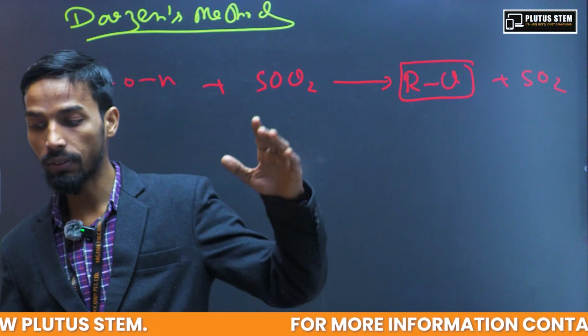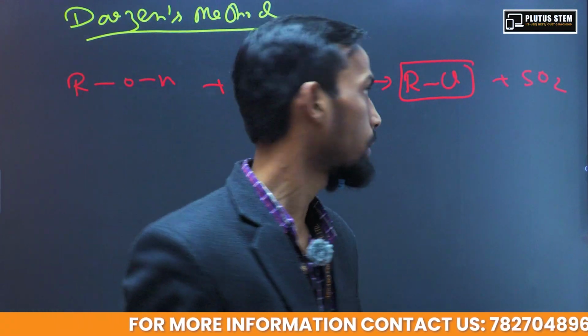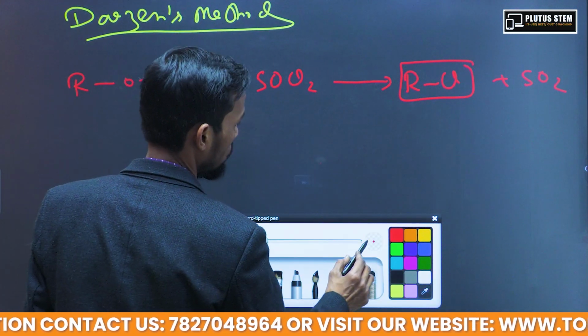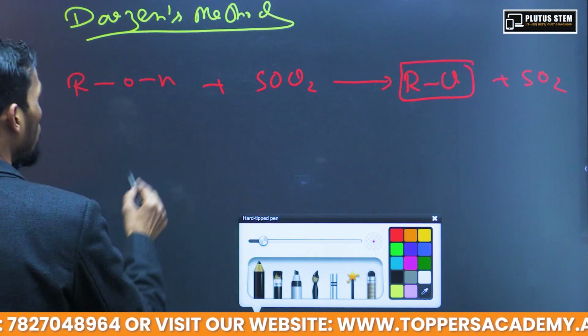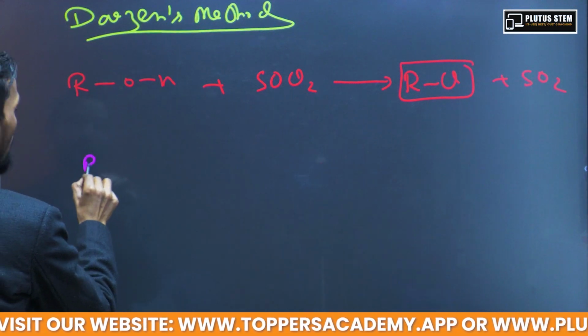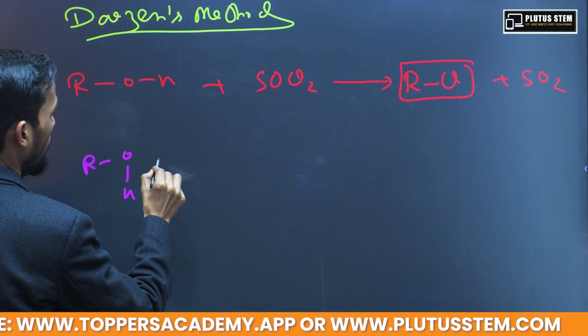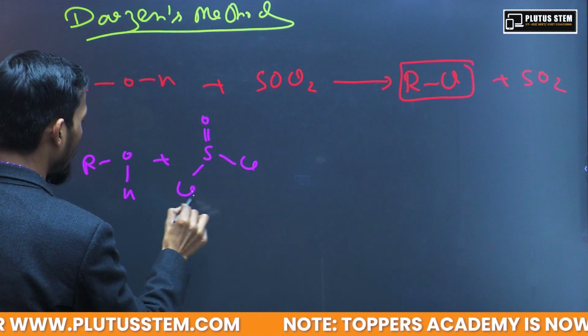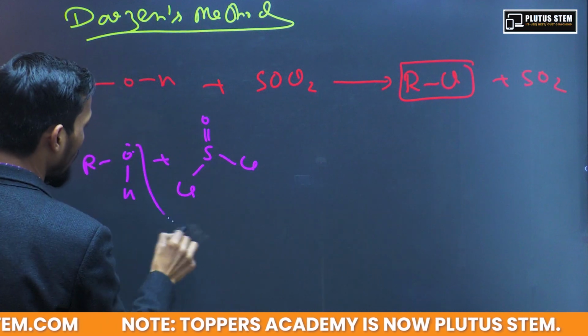Firstly we will see that this will attack like this, plus HCl also. So how will the reaction proceed? This is our ROH and this is the reagent, S double bond O, Cl and Cl. This will attack like this.